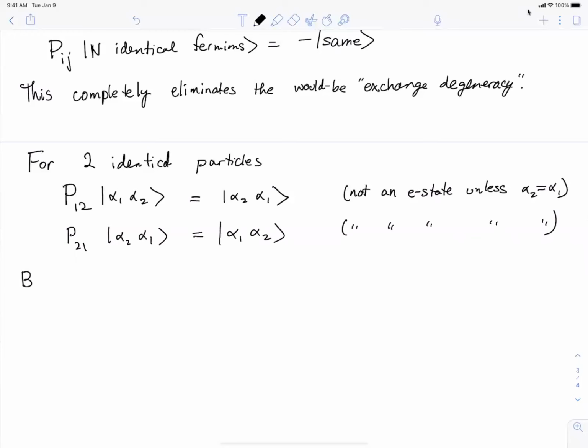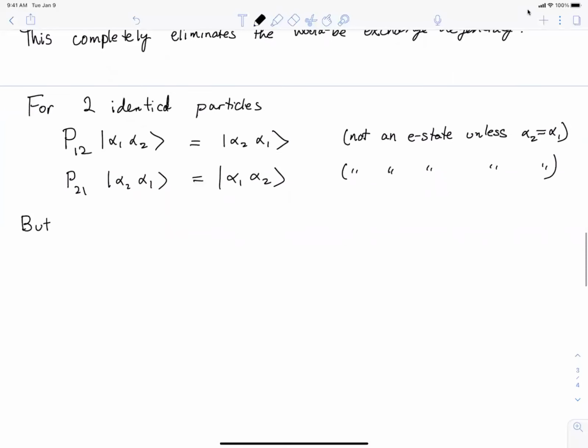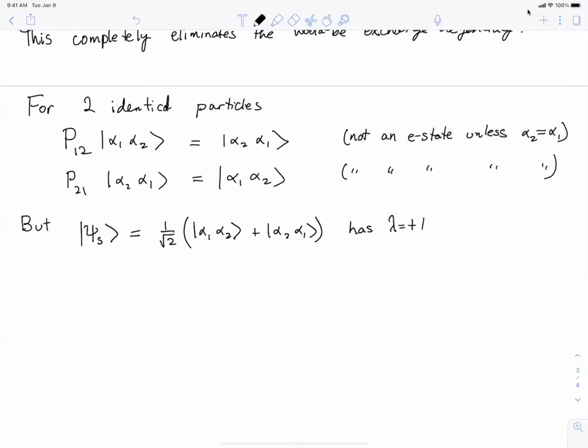But one linear combination of them is an eigenstate of the pair exchange operator. Which one it is depends on whether the particles that are identical are bosons or fermions. So you can take the symmetric combination. And if I normalize it, I need a 1 over square root of 2, assuming my original kets were normalized. So this ket has lambda equals 1, and this is physical if and only if the particles are bosons.